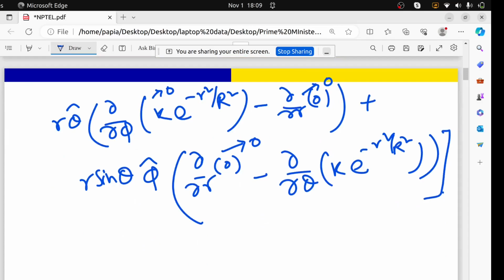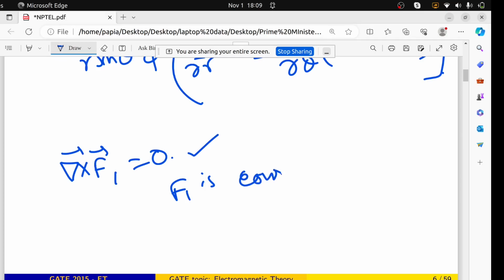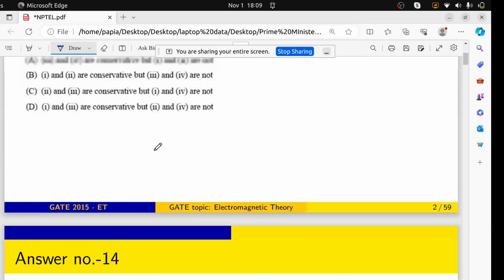Here also you can see r is there, no theta is there. So that means as a whole it is also 0. So what I am coming at, this one is 0. If curl is 0, that means f1 is conservative. Right? So that means whatever the first option was there, that one is conservative.